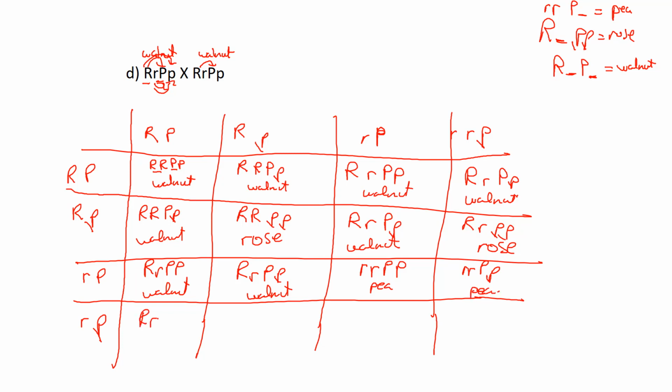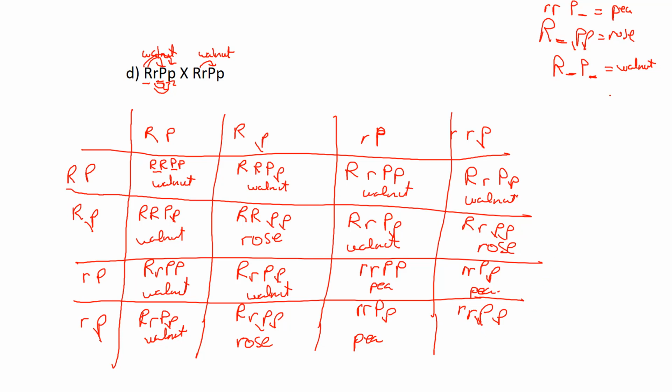Okay, capital R, capital P, little p, that's another walnut. Capital R, little p, that's going to be another rose. Little r, big P, little p, that's going to be another pea. And then our one that's very different from everyone else: little r, little p.